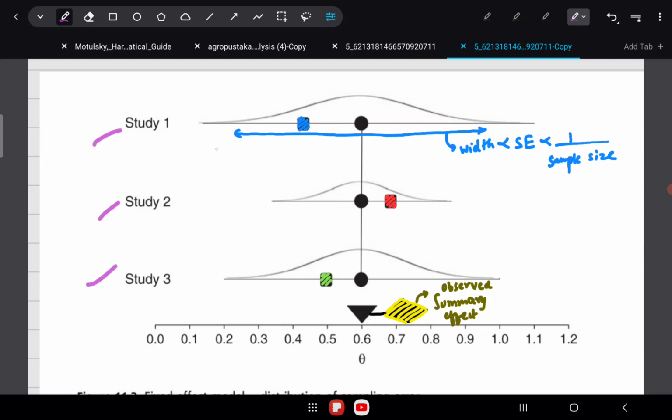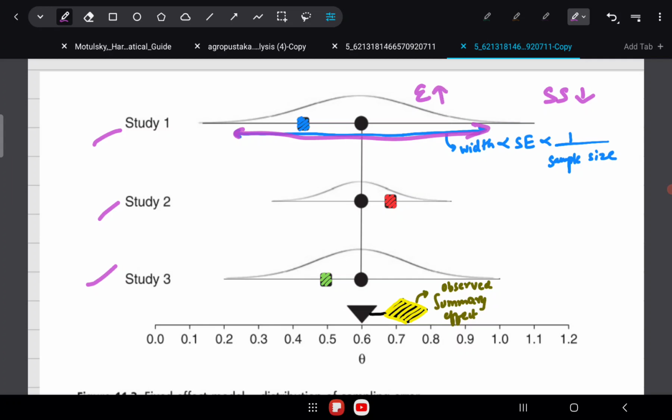And we can also make a distribution of the sampling error, or sampling distribution, of these 3 studies. You can see that for study 1, for example, because the sample size of the study is quite small, the width of the sampling distribution is larger, right? And because the width of the sampling distribution is larger, epsilon, the sampling error in study 1, is high.